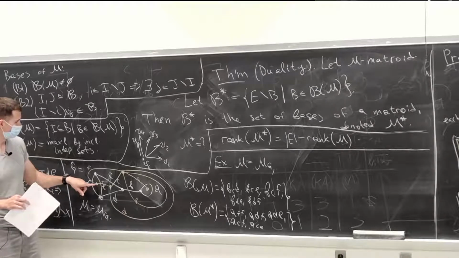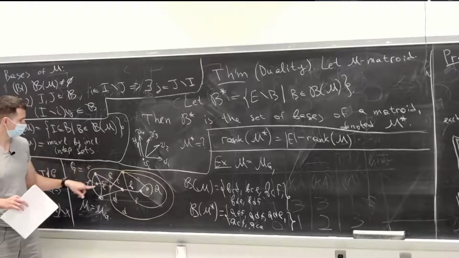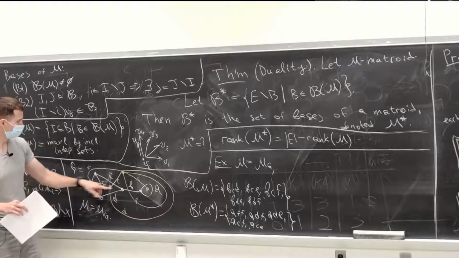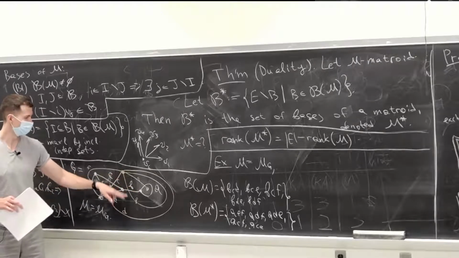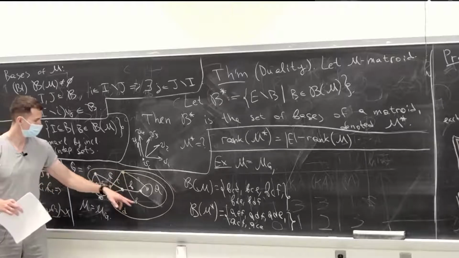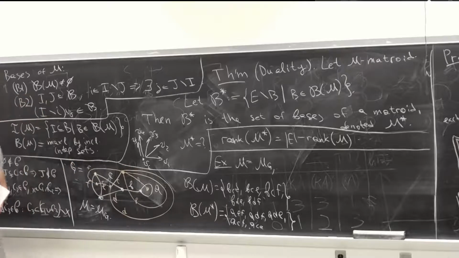Every face I put a new vertex on every face. So there's 4 faces. I put 4 vertices, and then every edge separates one face from the other. Could be the same faces, could be different, and then I connect. So for every edge, there's a dual edge which connects the two.